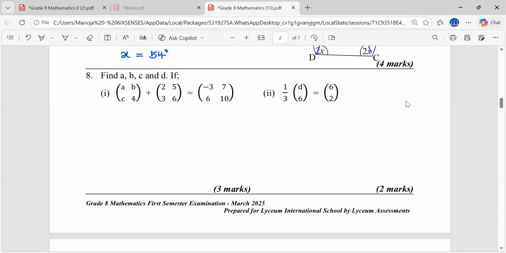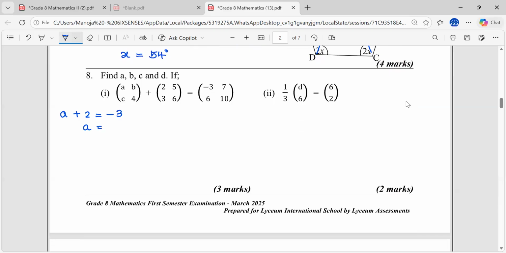Here you want to find the A, B, C values, the missing figures, right? To get the A value, A plus 2 is equal to negative 3. A is equal to negative 3 minus 2. A is equal to negative 5.